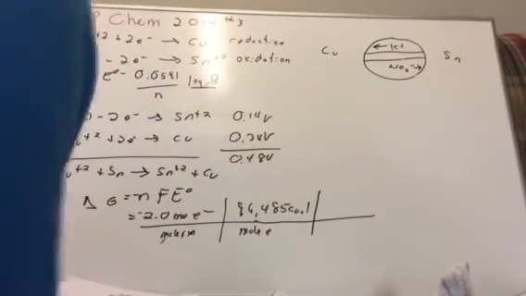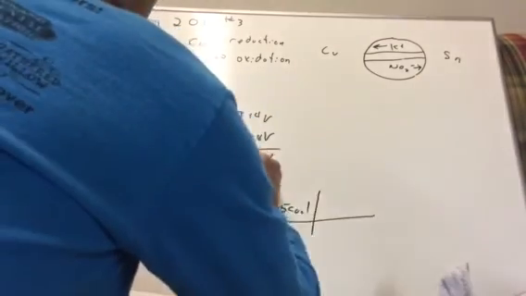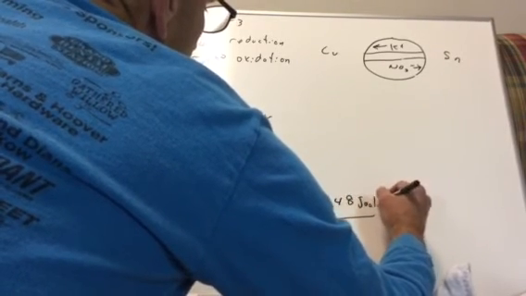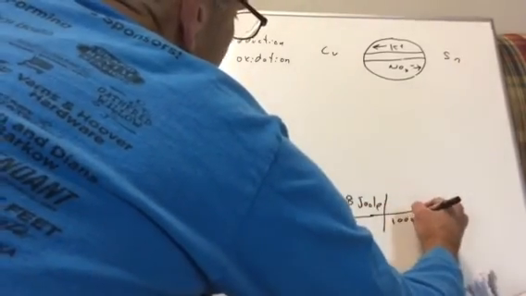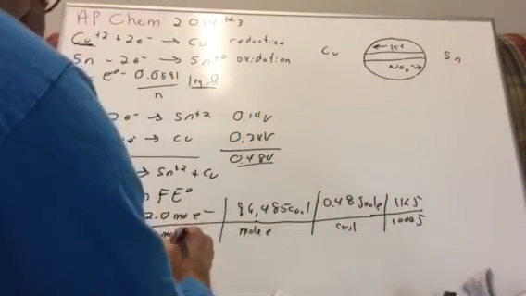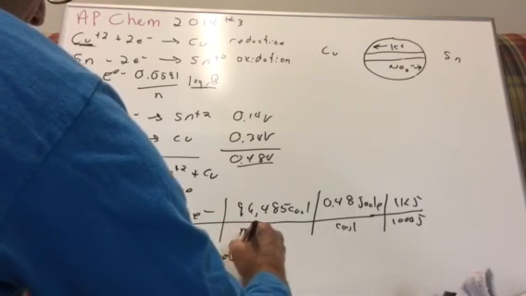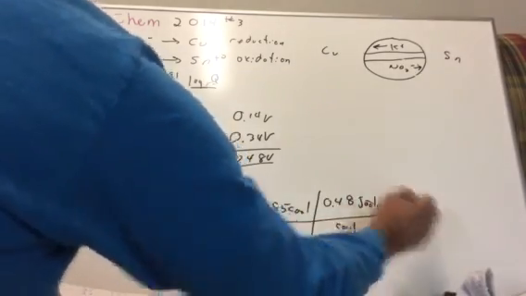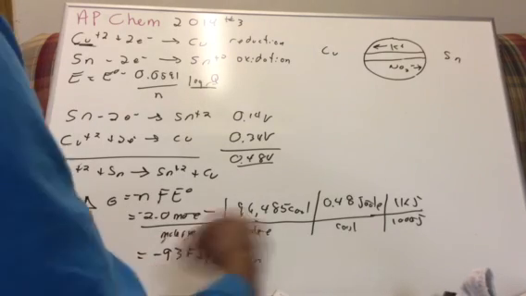And I told you, don't forget that a volt is a joule per coulomb. So you get 0.48 joules per coulomb, and then 1,000 joules to 1 kilojoule. And this equals negative 93 kilojoules per mole of reaction. Moles of electrons cancel, coulombs cancel, joules cancel, kilojoules remain, and this is per mole of reaction as they told us, because they say for the reaction.